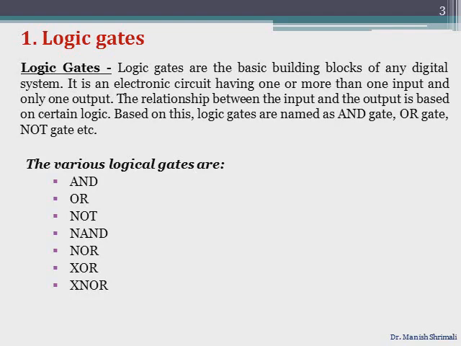Based on the output these circuits provide, we classify them as AND gate, OR gate, NAND gate, NOT gate, exclusive OR, like that. So the various logic gates are AND gate, OR gate, NOT gate, NAND gate, NOR gate, exclusive OR, and exclusive NOR.